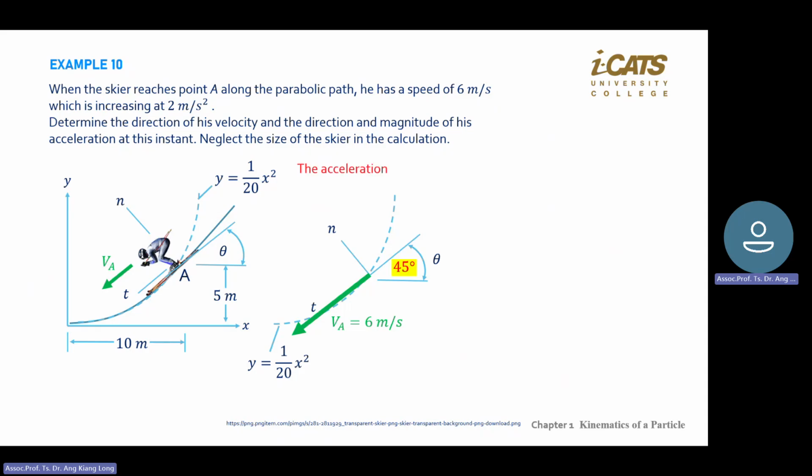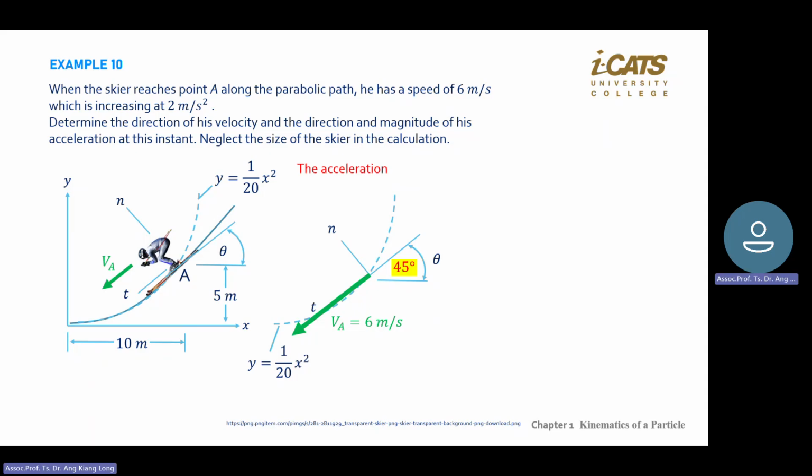Okay, once you have the angle, you need to find acceleration. The acceleration equation is given. An equal to v squared over rho. Fixed already. Here, increasing at 2 meters per second. This one is what? What direction? Normal or tangent?